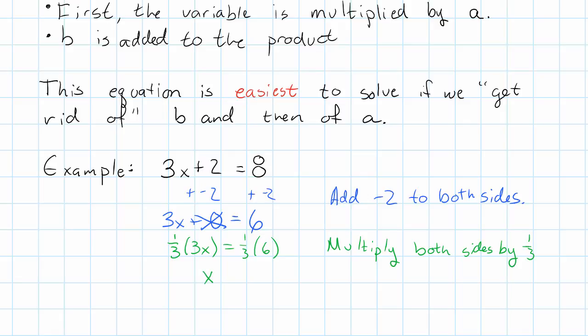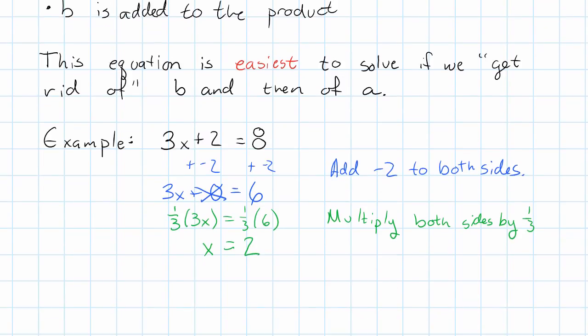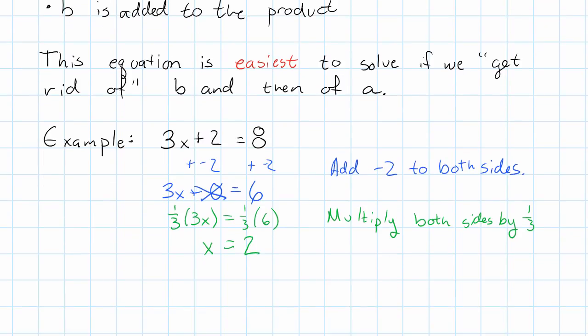I'll be left with just x here. 1/3 times 6, that's 2. I get x equals 2. Let's check that. 3 times 2 plus 2, that'll be 6 plus 2, which is 8. Yes. Okay.